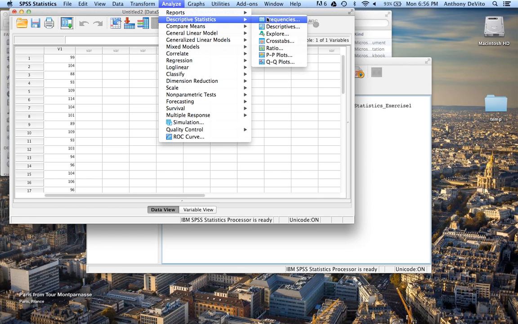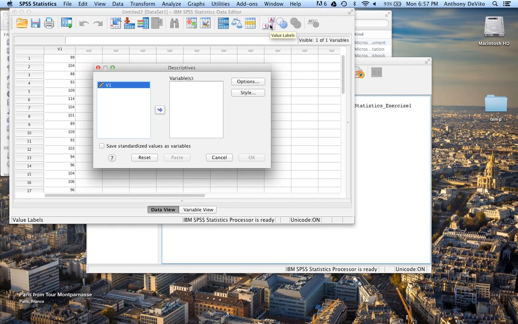Is that appropriate for numerical variables? Not really. That's for nominal variables. Like if we wanted to know how many are male and female, we would be interested in the frequency, number of males, number of females. For the descriptive statistics of numerical variables, we're interested in our descriptors, our mean, our standard deviation, and so on. So I'm going to click Descriptives instead.